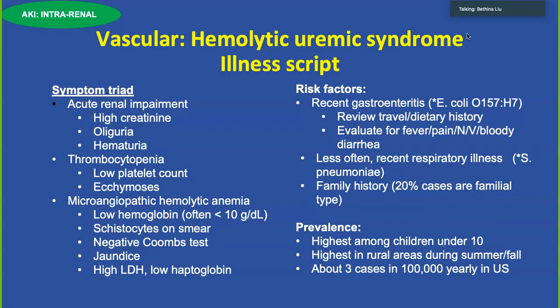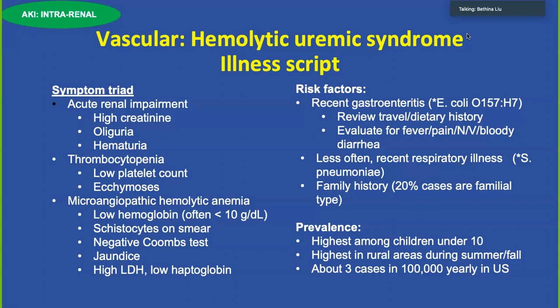One of the vascular causes of intrarenal AKI is hemolytic uremic syndrome. The symptoms typically include a triad of acute renal impairment, thrombocytopenia, and microangiopathic hemolytic anemia, otherwise known as MAHA. The acute renal impairment may manifest as elevated creatinine, oliguria, hematuria.